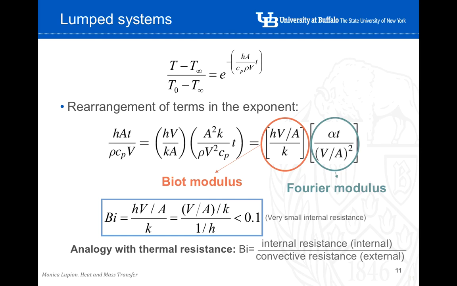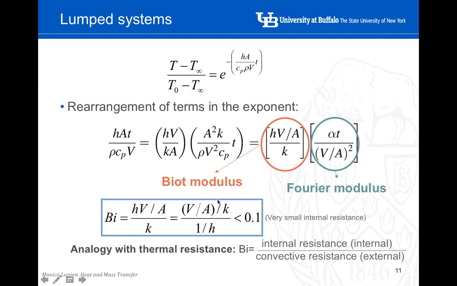So if you try to find some physical meaning of this Biot modulus, thinking about an analogy with the thermal resistance that we did in previous classes, we can say that this Biot modulus is equal to the internal resistance over the convective resistance. That is the internal resistance over the external resistance due to convection.